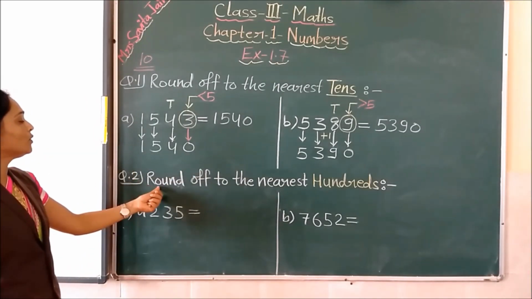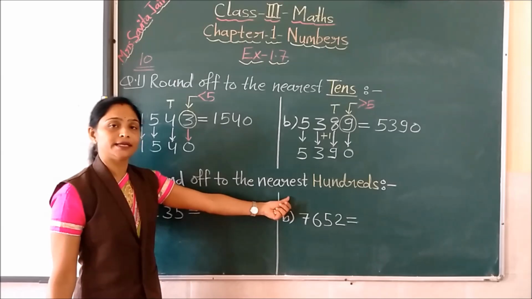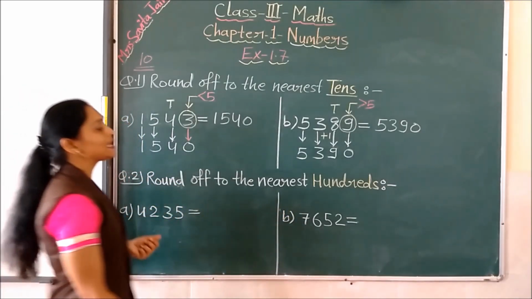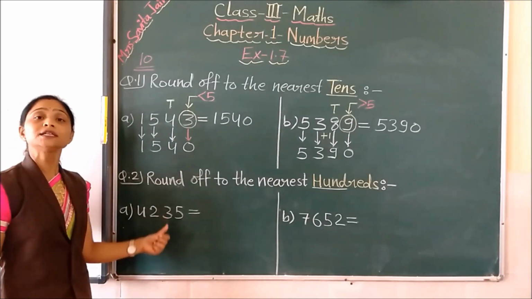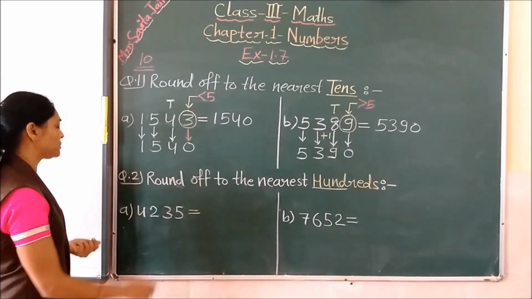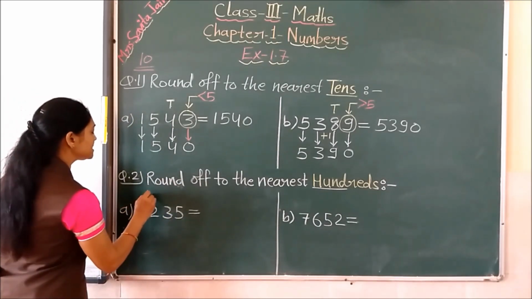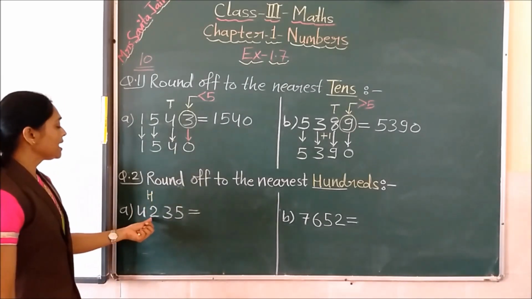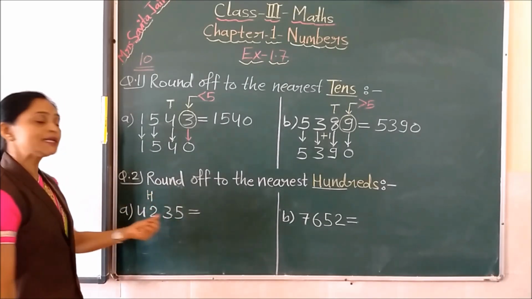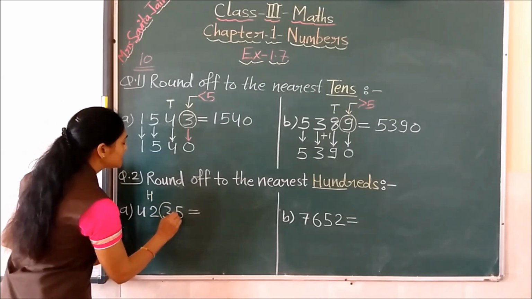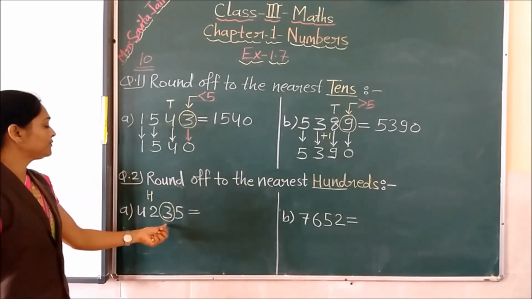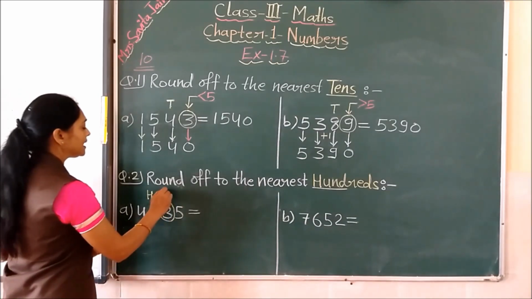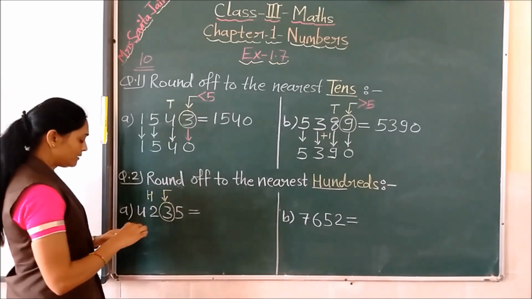Now we will see round off to the nearest 100. Yes children, the same way, as here hundreds means we have to see the digit to the right of the hundreds place. So which is the hundreds place, children? This is the hundreds place. So the digit to the right of the hundreds place is 3. The same rule we have to follow as we have seen here. If this digit is less than 5, then what to do?